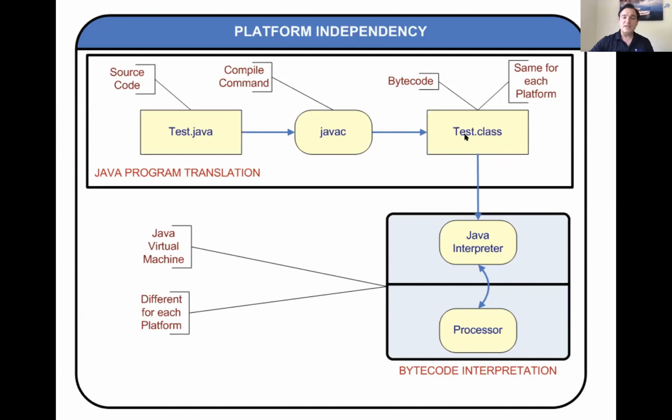This program, that bytecode, is operating system independent. Whether you compile it in Windows, Linux, Mac OS, Unix, iOS, wherever you compile it, the same bytecode will be generated. What makes Java platform independent is the Java virtual machine that you install. You install a different Java virtual machine for each operating system.